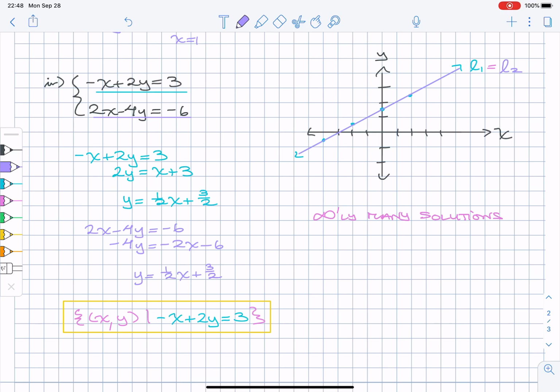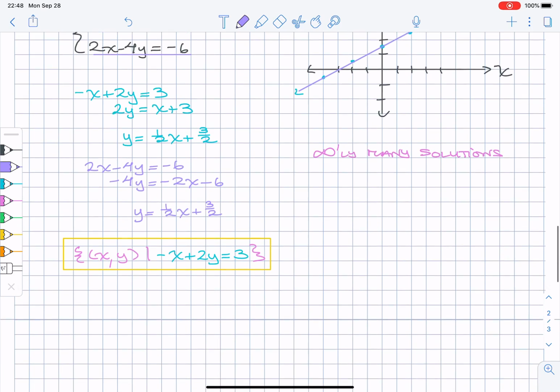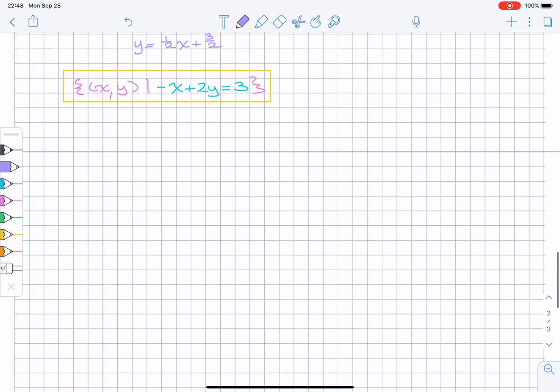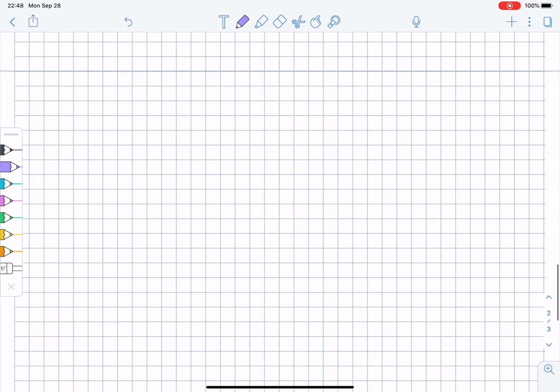So there are other ways of solving a system that don't involve graphing. Let's first look at what I think is the worst way, and that's called substitution. So solving a system by substitution.